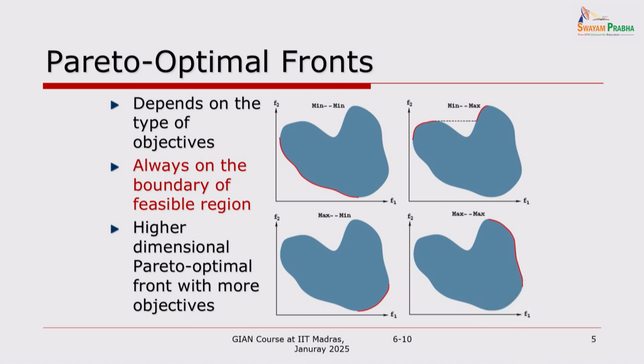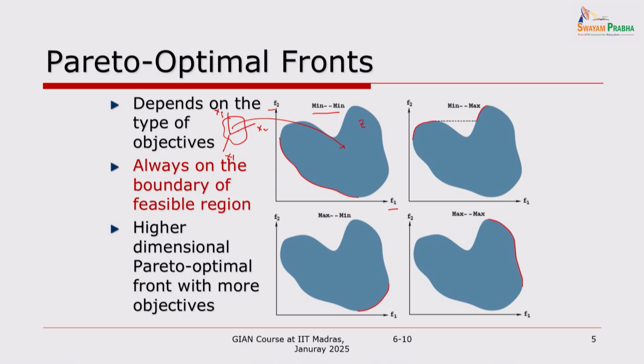But before I go to an algorithm, let's look at 4 scenarios when I have 2 objectives. Let's say I'm minimizing F1, minimizing F2, both are being minimized, and here is my Z, my feasible objective space. Remember that I have a variable space, x1, x2, x3, and every point is mapped here, and this is how it looks.